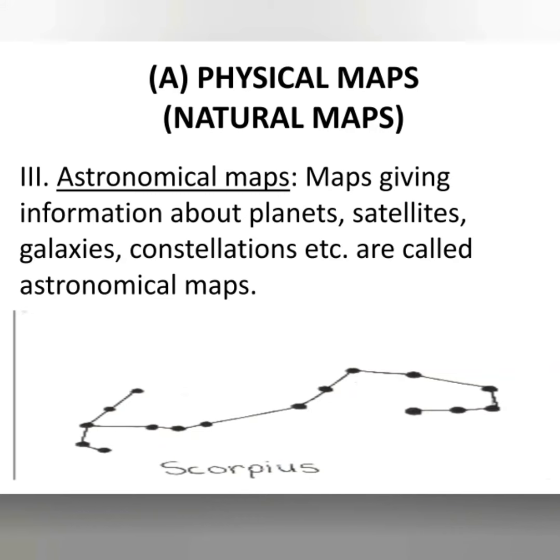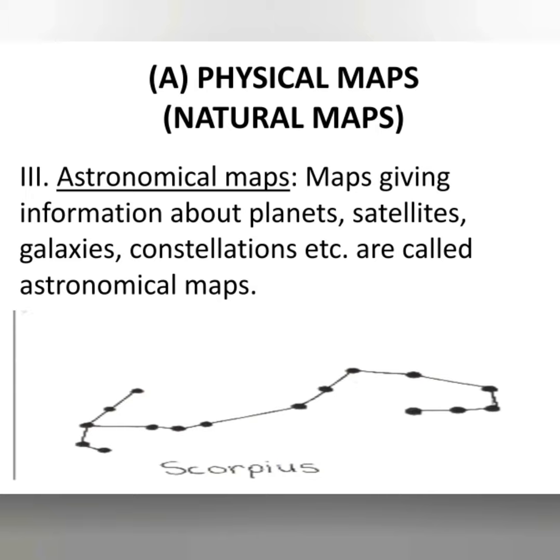Third type of the physical map is astronomical maps. Maps giving information about planets, satellites, galaxies, constellations, etc. are called astronomical maps.